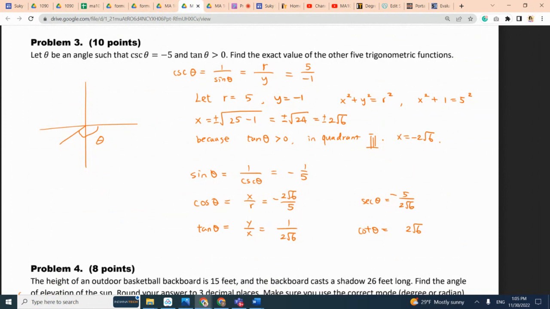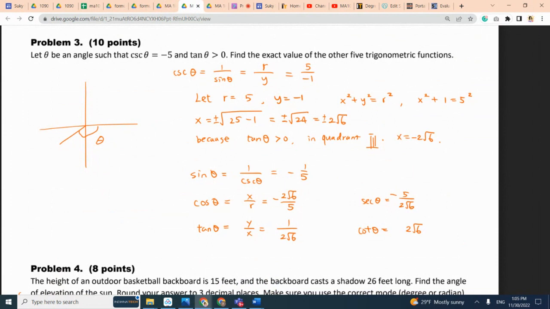So negative 5 is like 5 over negative 1. So you pick the r to be 5. Your y is negative 1. Your x and y could be positive or negative, but your r is always positive. Is that clear, everybody? So many of you make that mistake.